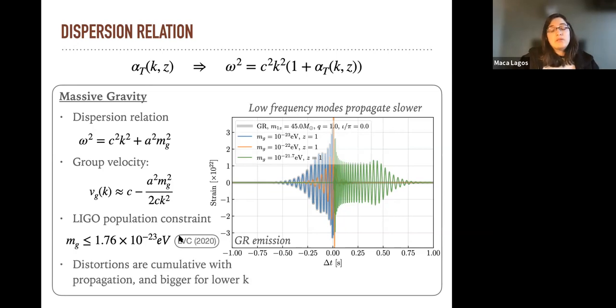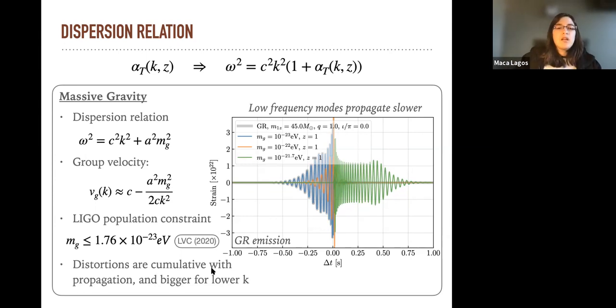But one thing that I want to emphasize, and that's valid for all the propagation distortion effects that I will be mentioning in this talk, is that because they are caused by propagation effects, they accumulate over time. So if we have sources that are further and further away, you would expect more visible distortions.